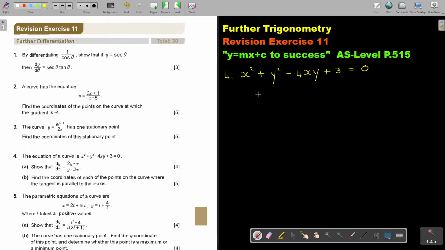Let's start. If I see x, I differentiate to x. If I see y, I differentiate to y. And don't forget, as soon as you differentiate to y, what must you remember? dy over dx.